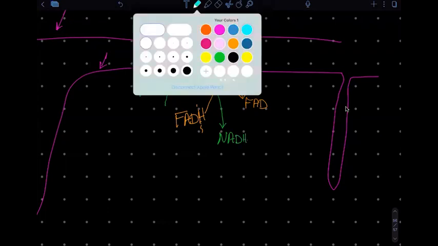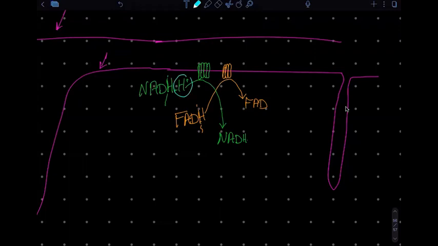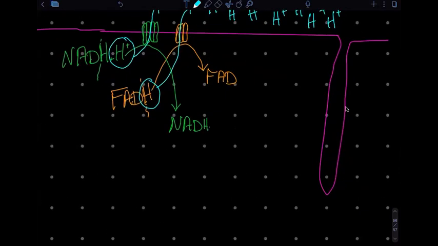And this hydrogen will be allowed to travel from the inside of the inner membrane of the mitochondria to the intermembrane space. So you're going to have a lot of protons accumulated here. Those are high energy electrons and protons.